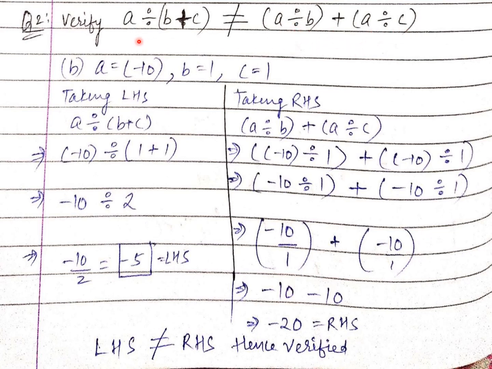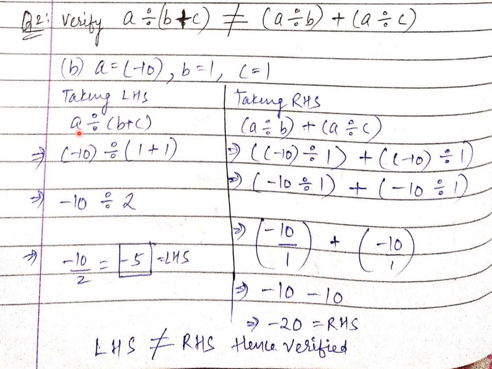But that was the distributive property, which was applicable only in multiplication, not in this case. So we have to prove that this thing and this thing are not equal. Again, same thing, we will solve the left side first, then the right side, and then compare both the sides. Now, given to us in b part, a equal to minus 10, b equal to 1, and c equal to 1. We will put their values and check.